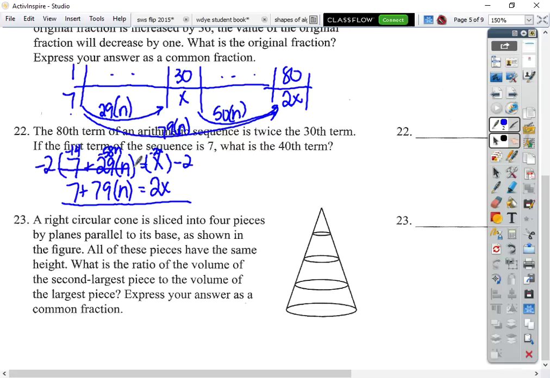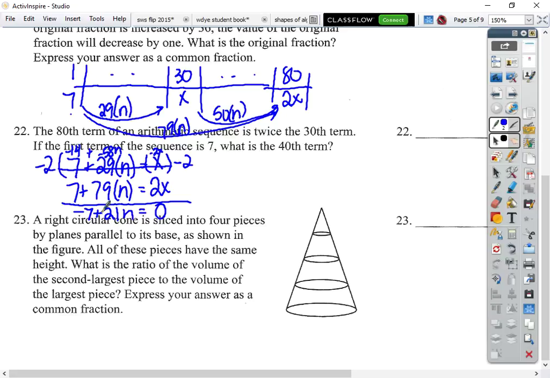So this row is gone now, and we have this top row here, okay? So let's just add down. -2x plus 2x is just 0. We have 79n minus 58n, which is just 21n. And we have -14 plus 7, which is just a -7.